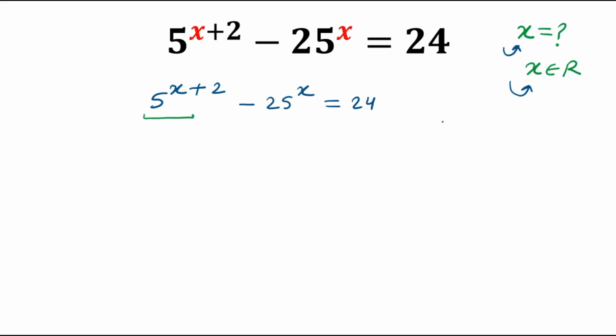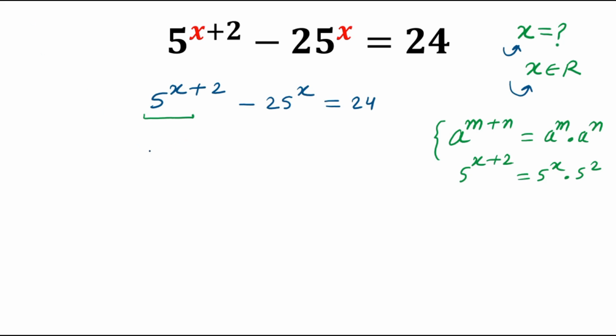Here we apply this rule: a power m plus n is equals to a power m times a power n. If we apply this rule, then 5 power x plus 2 is equals to 5 power x times 5 power 2.